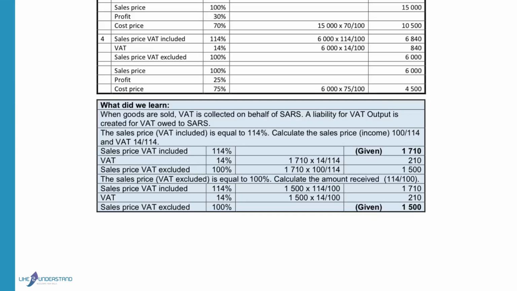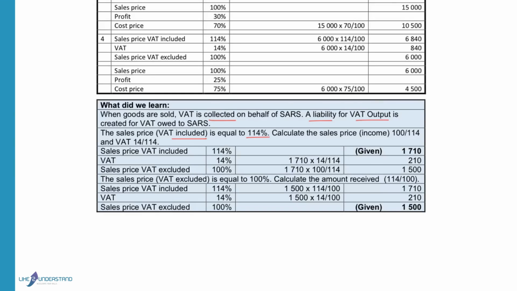What did we learn? When goods are sold, VAT is collected on behalf of SARS. A liability for VAT output is created for VAT owed to SARS. The sales price VAT included means that it's equal to 114% because then the sales price includes the normal income for the business and the VAT because it's included.